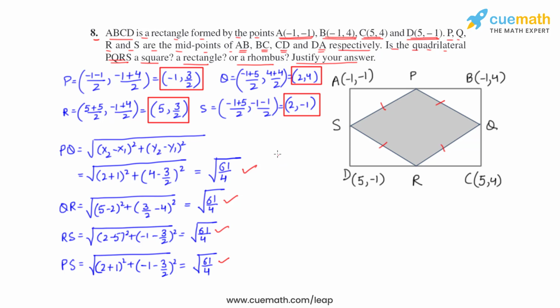The square has the same length of diagonals, but the rhombus does not have the same length of diagonals. So let's find out the diagonals now. The diagonals are PR and QS. So PR, again using the distance formula.